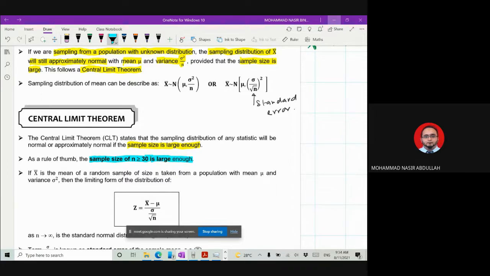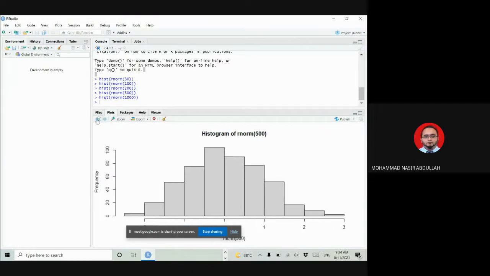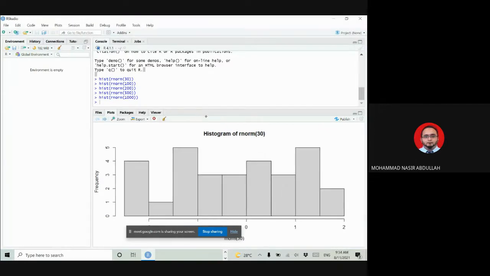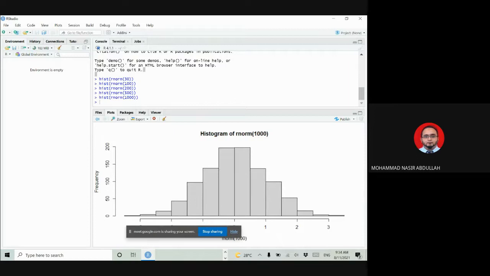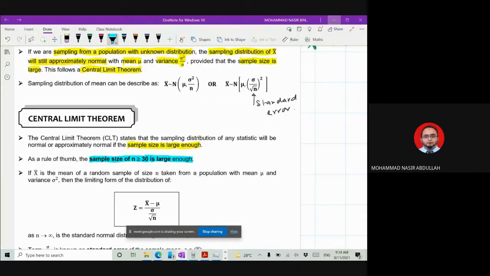But as I already simulated just now, when the sample size is 30, we can see here that it does not yet form a normal distribution. When we increase the sample size more, 200, 1000, then we see it is closer to a normal distribution.